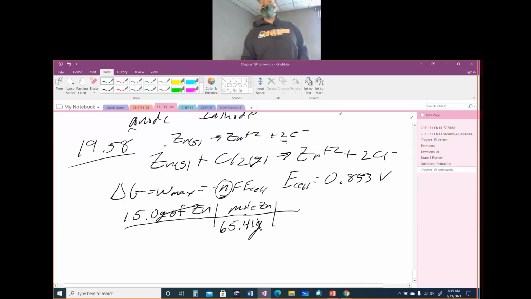We want moles of electrons. That's why we had to write the half reaction. We have 2 moles of electrons that are produced for every 1 mole of zinc reacted. And so now we have the correct units, moles of electrons. That is what your N value is. All right, so that's 0.459.